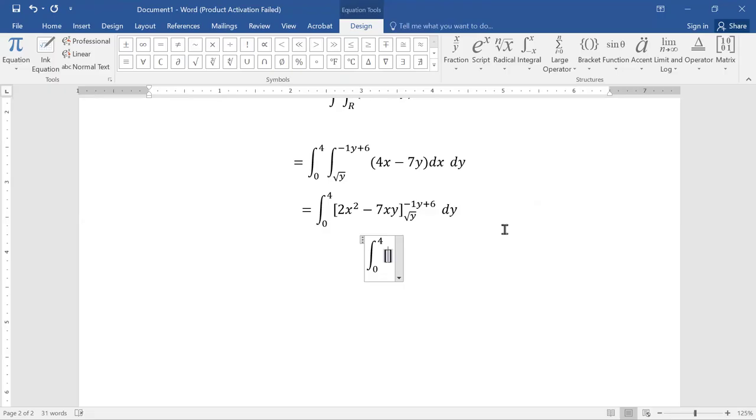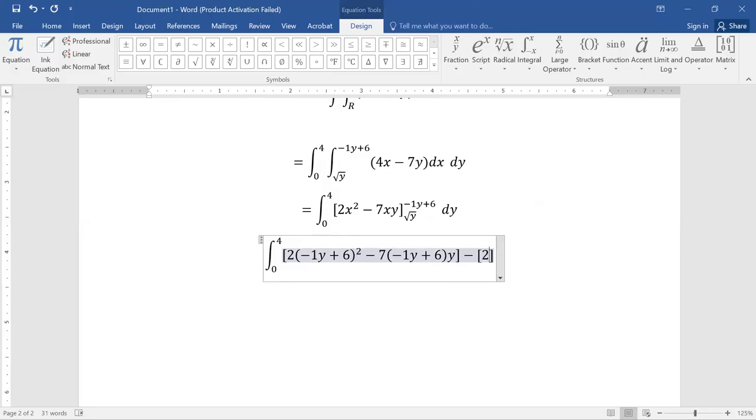So we end up with 2 times negative 1y plus 6 squared, minus 7 times negative 1y plus 6 times y, minus, when I plug in square root of y, I get 2 times square root of y squared, which is just y to the first, minus 7 times the square root of y times another y.